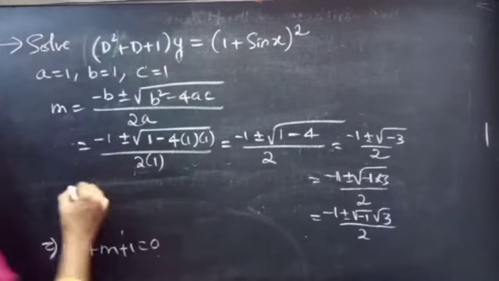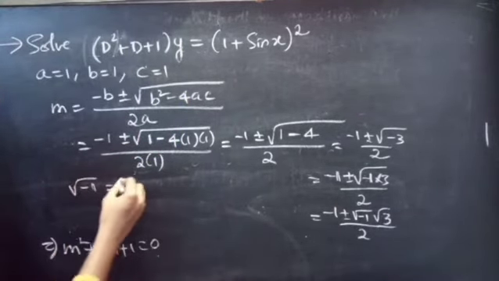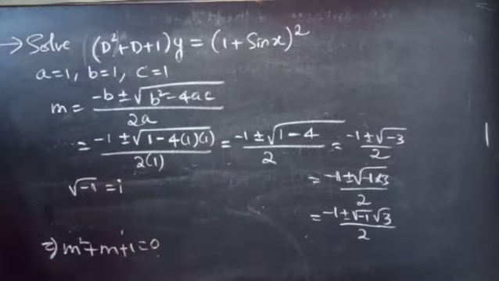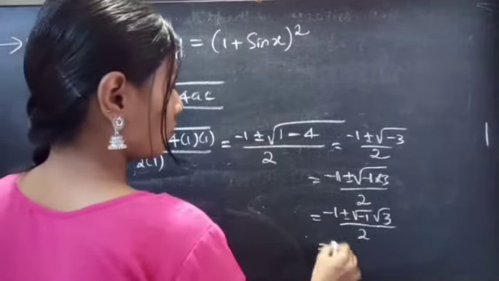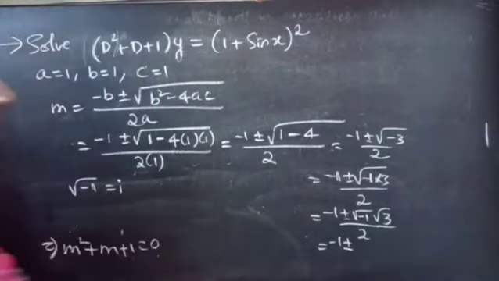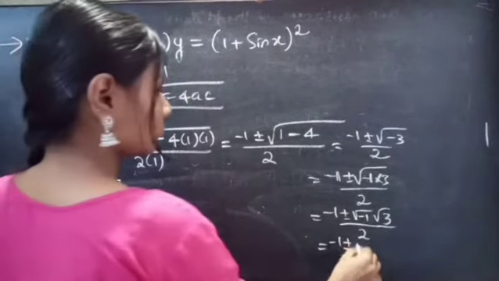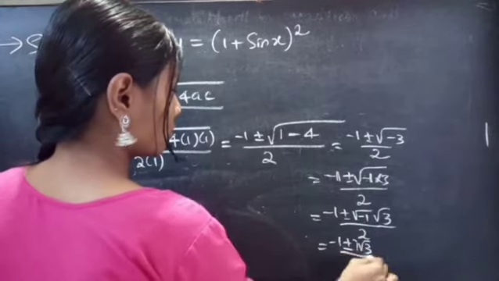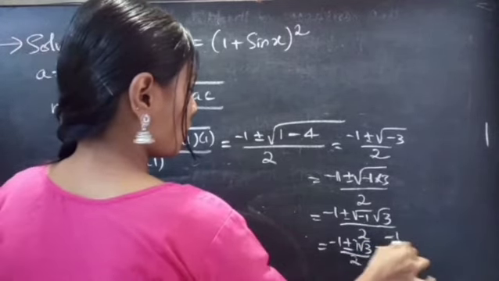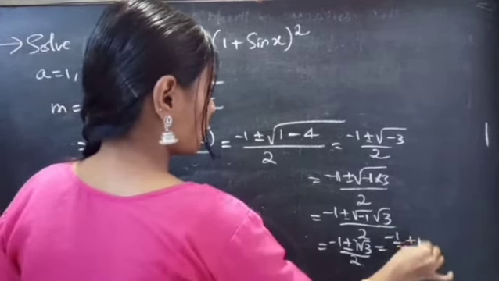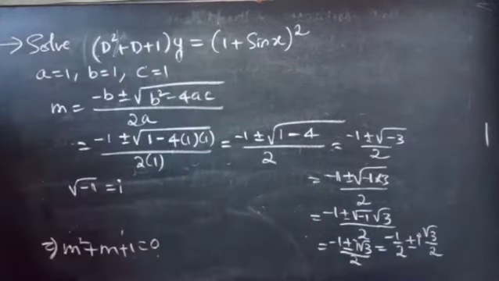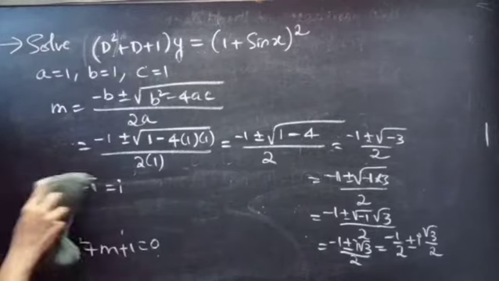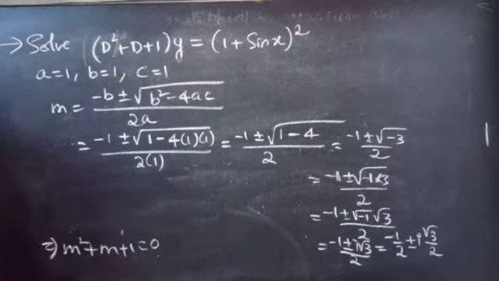We know that √(−1) is i. So let's replace √(−1) by i, then we'll get (−1 ± i√3)/2, which equals −1/2 ± i√3/2, right? So we got complex conjugate roots.